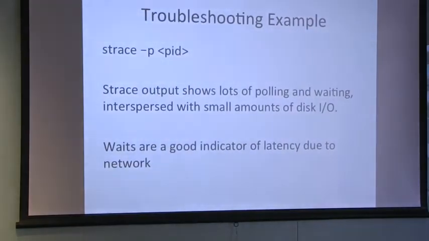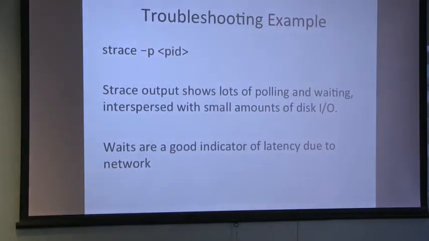So since that looks okay, what we do next is grab a process at random on one of the segment hosts, and we run strace -p on it. strace is just an operating system utility that dumps what the process is doing out to the terminal. I thought I had the output from strace, but I didn't, so take my word for it that what we saw was lots of polling and waiting.